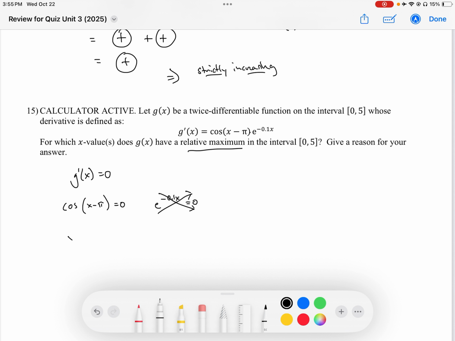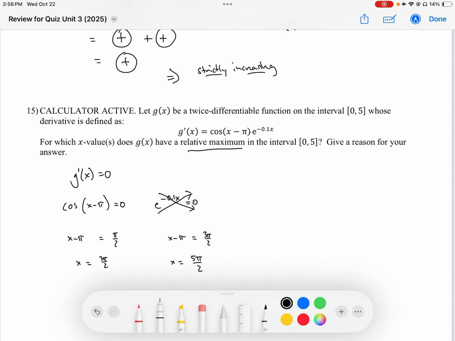But this is equal to 0 because the stuff inside a cosine function, if we want it to be equal to 0, needs to equal pi halves, or it could equal 3 pi halves, etc. So one solution here, if we add pi, would be 3 pi halves. Another solution here would be 5 pi halves.